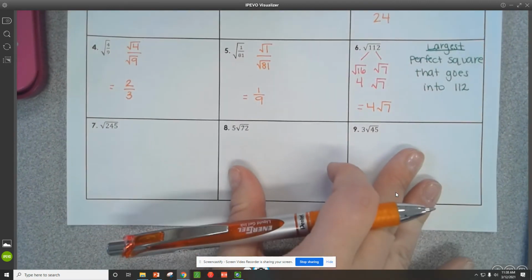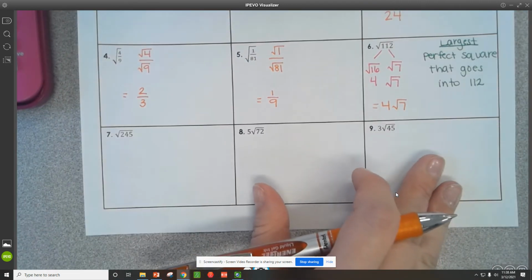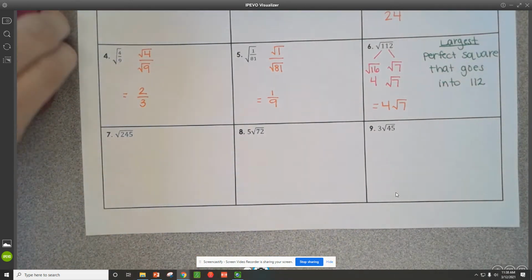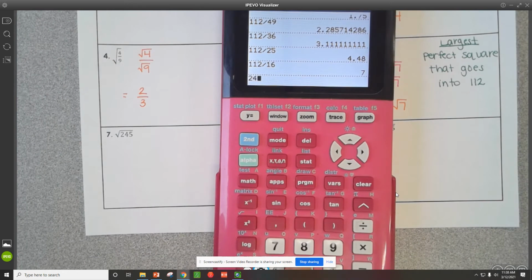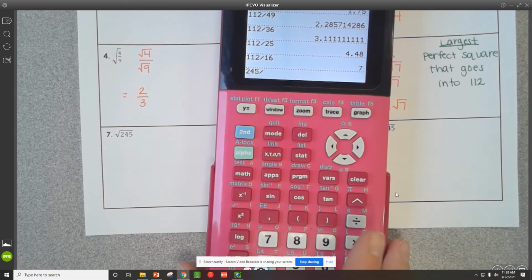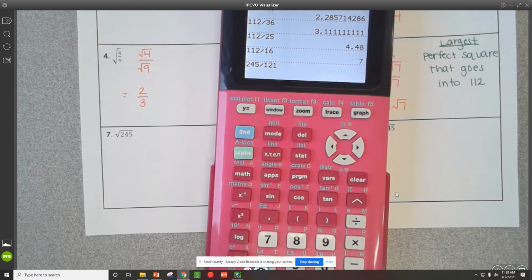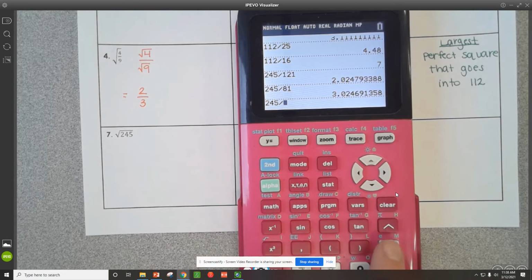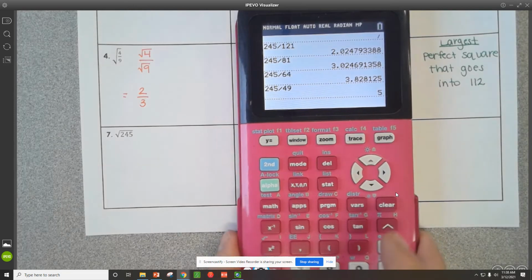Number 7, let's follow the same steps. Let's look for the largest perfect square that goes into 245. So if we start with 121, it's not that. 100 doesn't for sure. 81, nope. 64, nope. 49, yes.